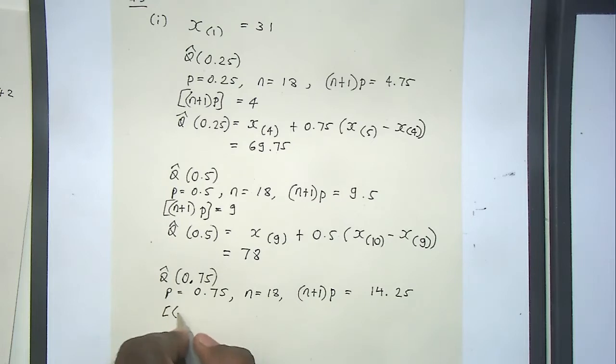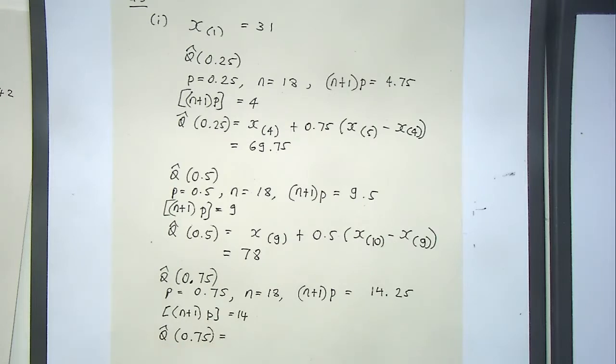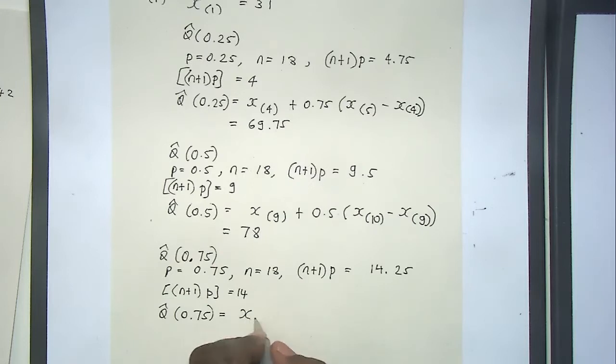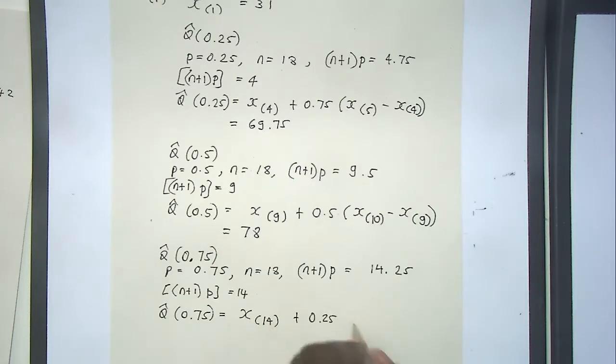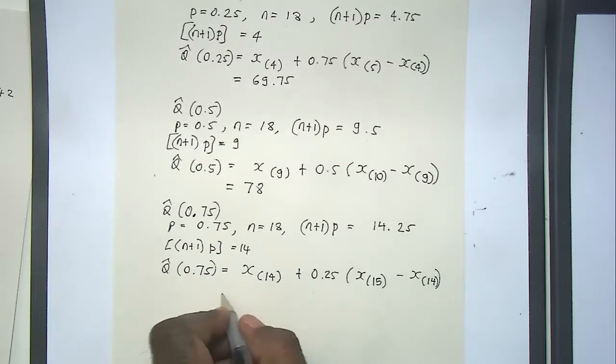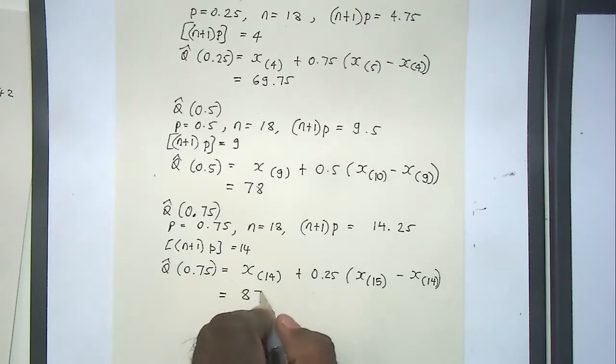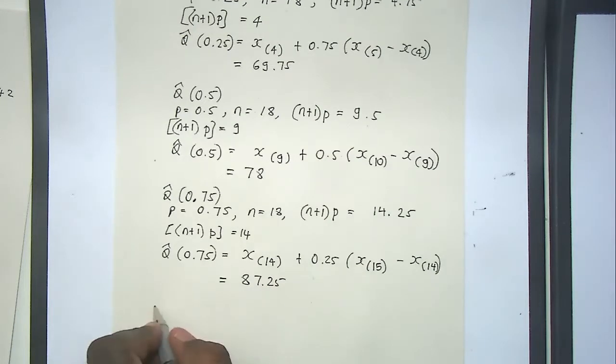The integer part of it is 14. If you work this out, you will get the third quartile to be 87.25. And finally, the largest data point is 94.